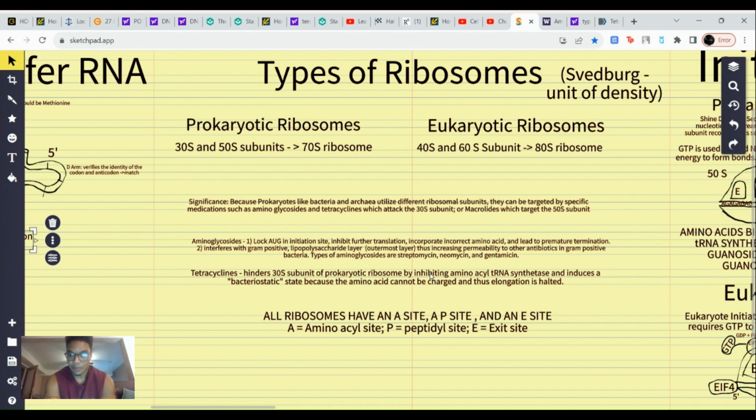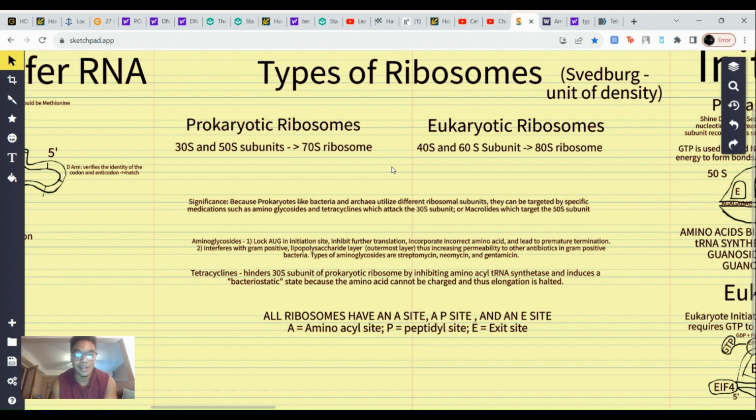S stands for Svedberg, and I did some digging, and apparently it's a unit of density. If enough people leave comments and ask, I can research more about why 30 and 50 make 70 and 40 and 60 make 80. I don't know, but it's probably important. Another day.